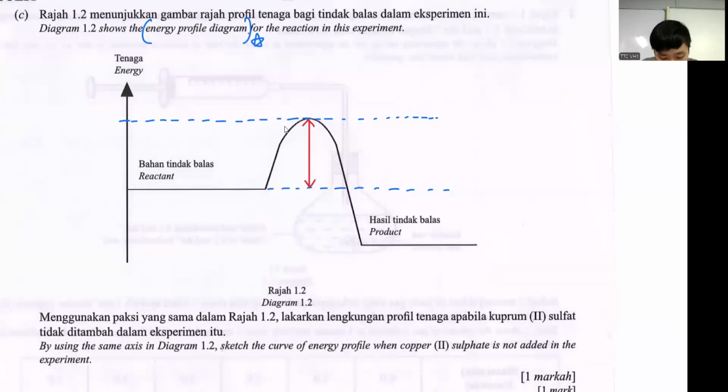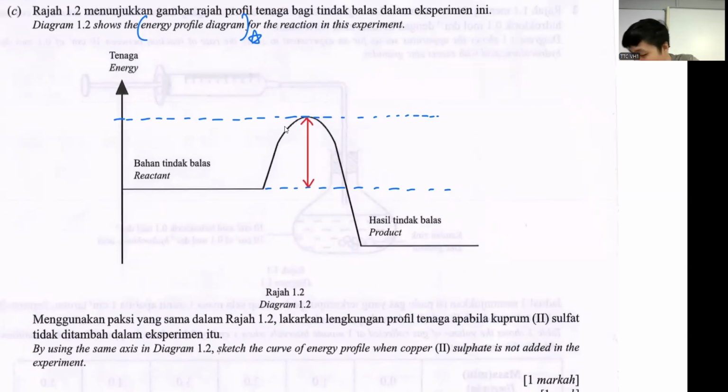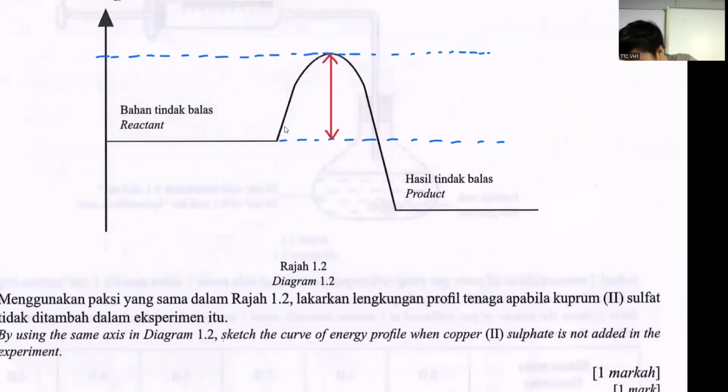The distance between reactant and the highest peak. This is called activation energy. Let's say I label EA.